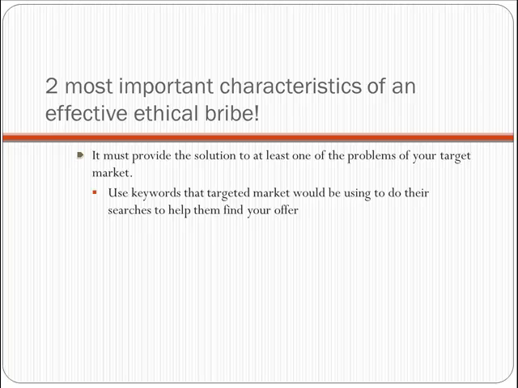You can use those keywords in the domain names, in the content, and in your SEO to get them there, because they're going to be typing in certain keywords. Use the Google Keyword Tool to find out what keywords they're searching for, and to get them to your product.